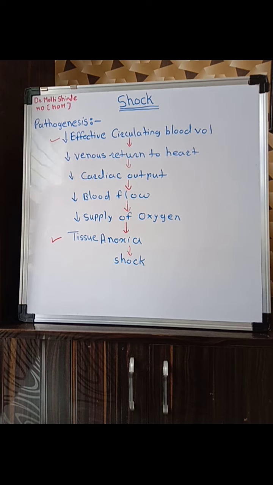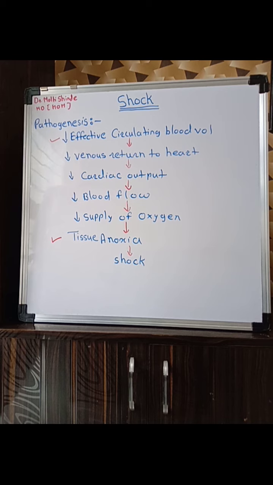So this is the pathogenesis of all types of shock, and shock may lead to a condition that may recover, or it may turn into death. So this is the pathogenesis of shock. After this, we are going to discuss the stages of shock in the next part.